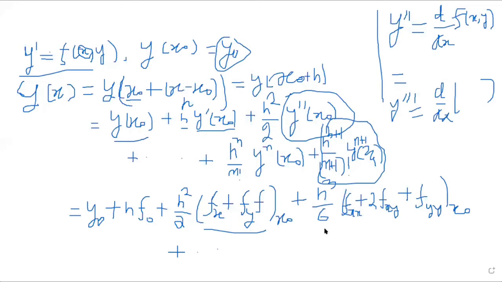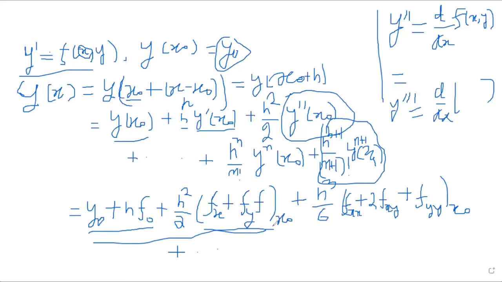So in that way, if we keep one term of the series, then we will have one method. If we keep two terms of the series, then we will have another method. If we keep three terms of the series, then we have another method.